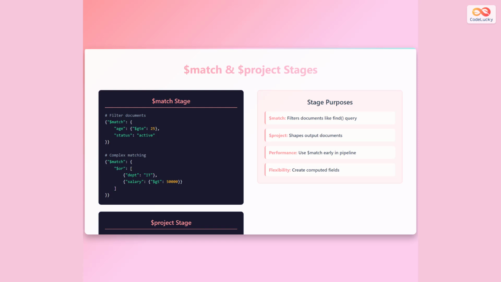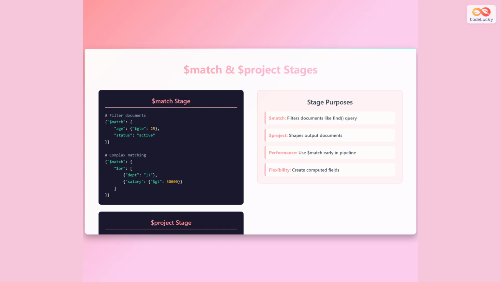Let's explore the $match and $project stages, which are fundamental components of the aggregation pipeline. The $match stage filters documents based on specified criteria, similar to a find query. For example, you can filter documents where the age is greater than or equal to 25 and the status is active. You can also create complex matching conditions using logical operators like $or.